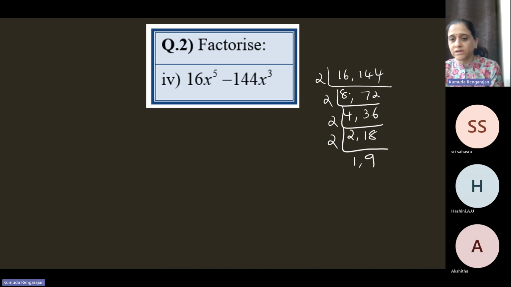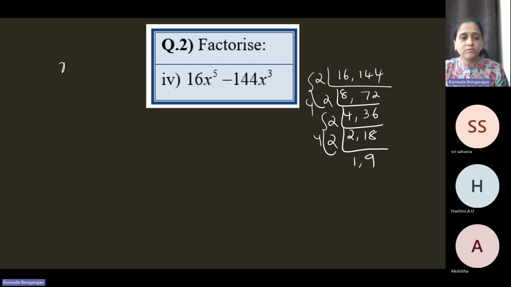And again, 2 fours are 8, 2 thirty-sixes are 72. 2 twos are 4, 2 eighteens are 36, 2 ones are 2, 2 nines are 18. Now you don't continue, because both the numbers should be divisible by the same prime number. So you stop here. The product of these numbers, 2 to the 4, is 16. 16 is the HCF of 16 and 144.